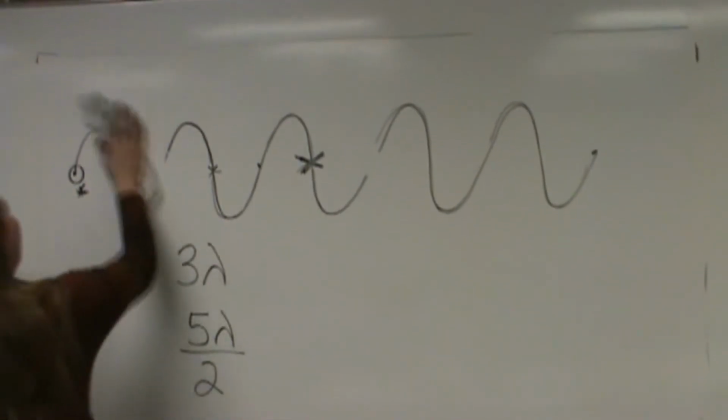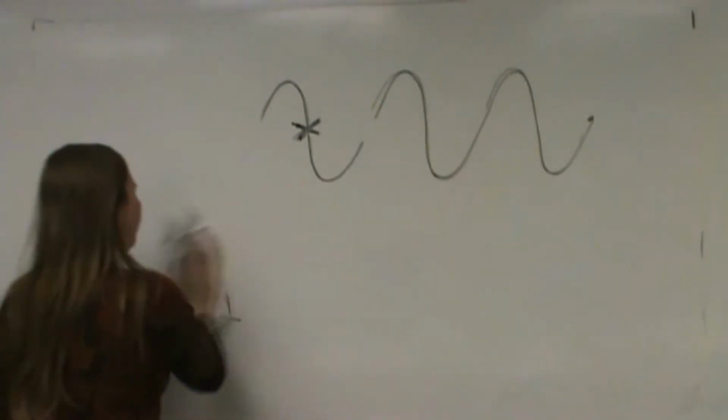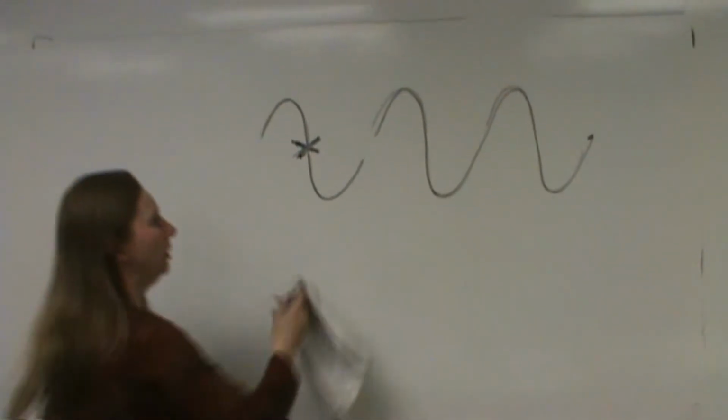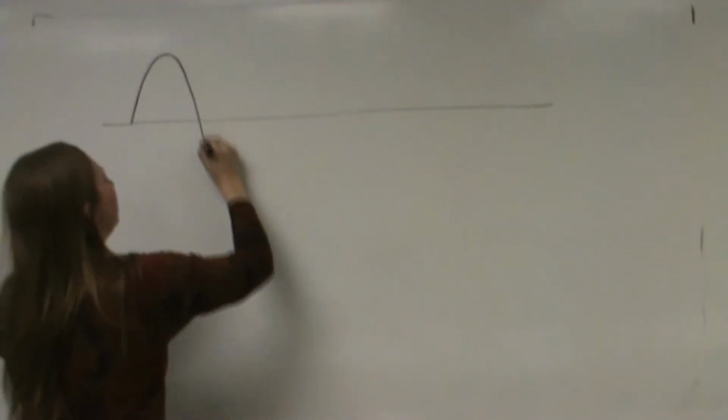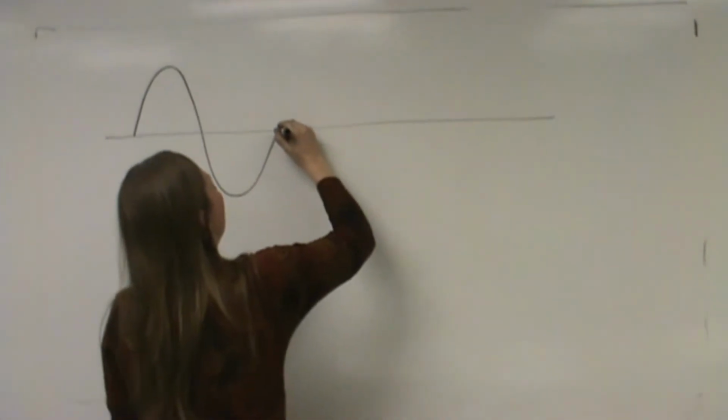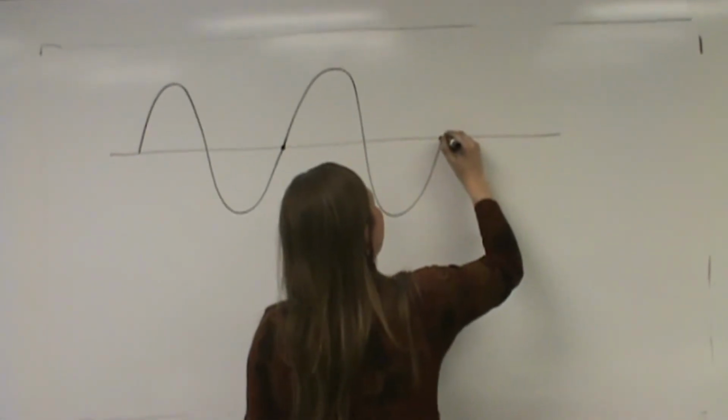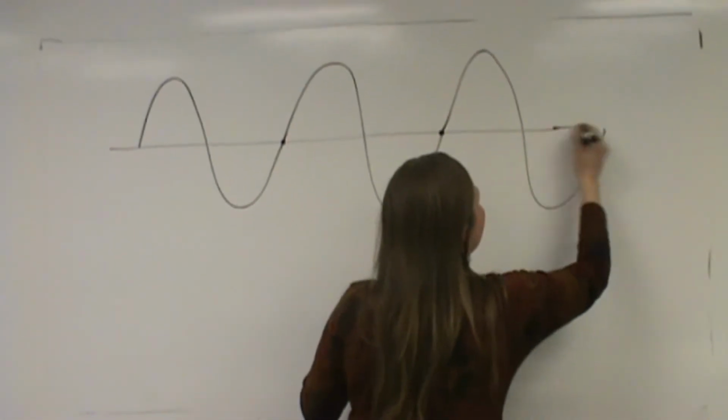Now, we've been talking about points on a single wave that are in phase or out of phase. What about 2 waves that are in phase with each other or out of phase with each other? All right, here's a wave. Let's go crest, trough, crest, trough, crest, trough.